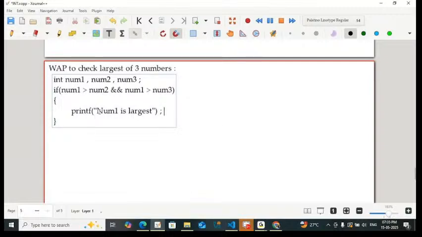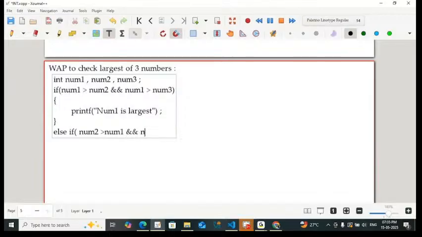Now, if not num1 is largest, then maybe I have to decide between num2 and num3. Okay. If num1 is not largest, else I now have to decide between num2 and num3. Now to decide num2 is largest, num2 should be greater than your num1. Okay.